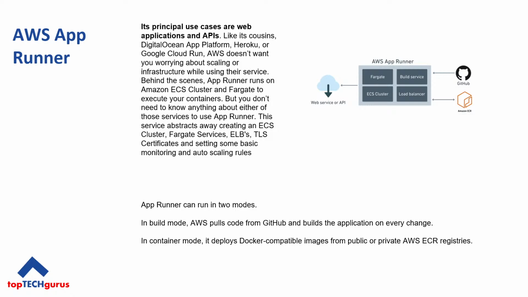So you just write the code and either merge it with GitHub or build a container and upload those containers to Amazon ECR. And then if you start your API's App Runner, it will pull the code from GitHub or from ECR and then have your website service deployed so people can hit your API immediately.